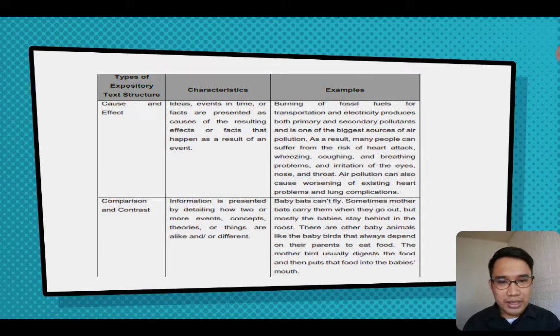Sometimes mother bats carry them when they go out. Then later on, it talks about baby birds. So two things or two ideas or concepts are being compared here. Two different animals, baby bats and baby birds. So in this paragraph, there are similarities between the two, and also the differences are mentioned.